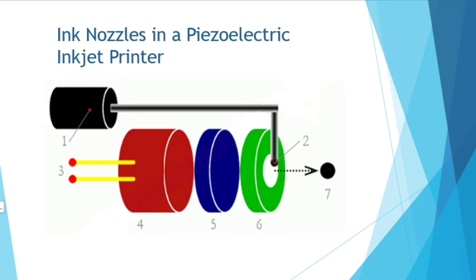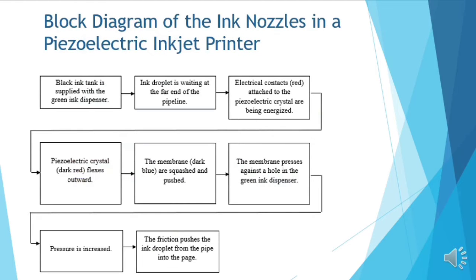So all of the sequence is shown in the block diagram of the ink nozzles in a piezoelectric inkjet printer.